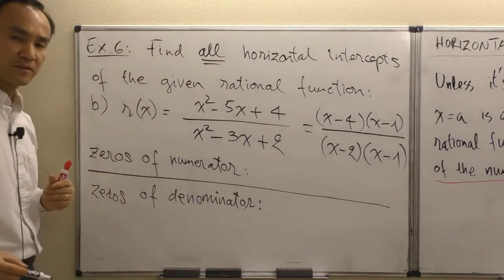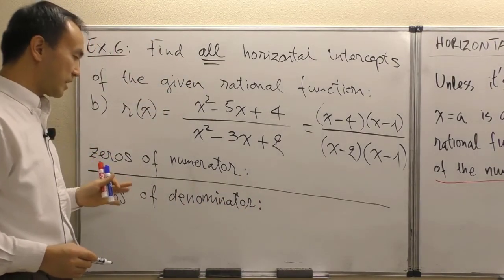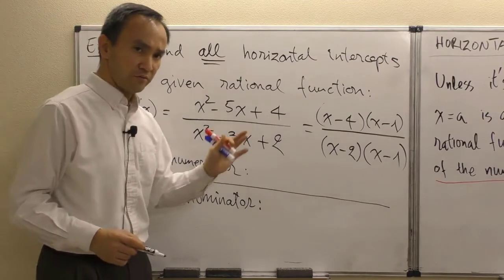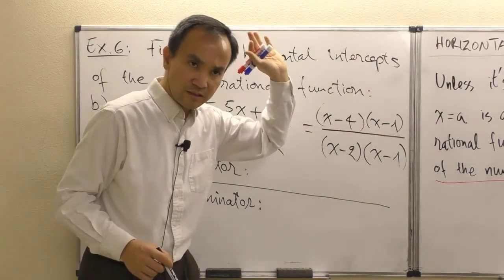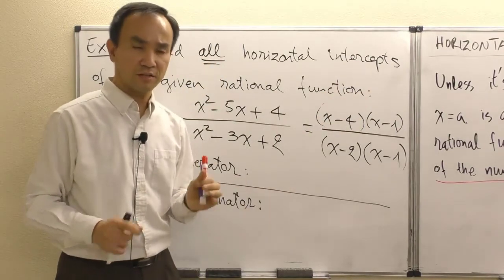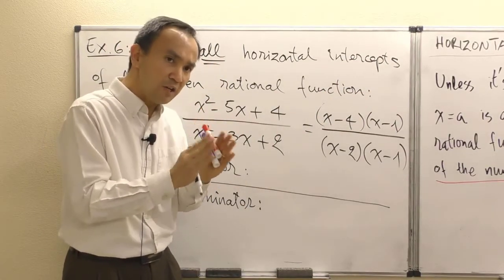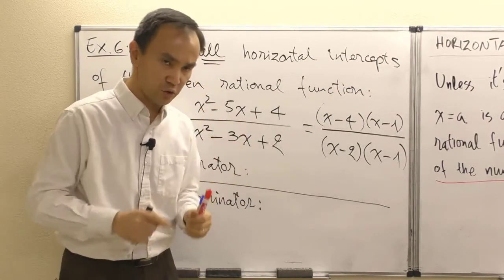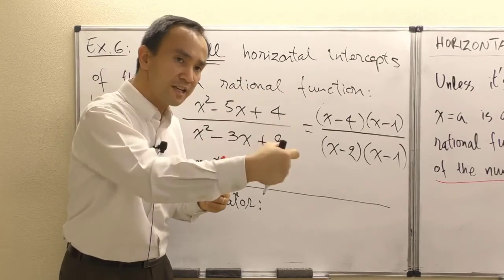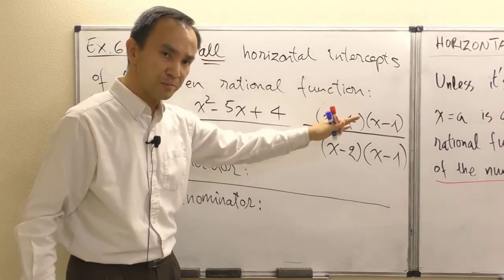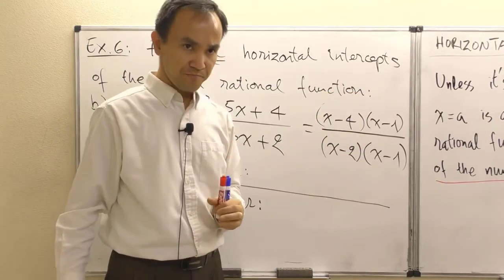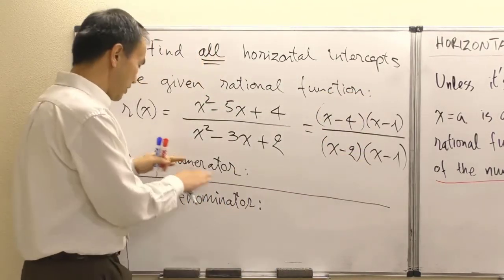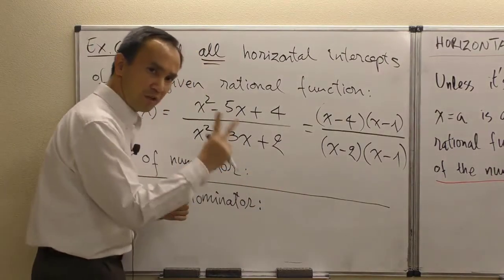Recall that the multiplicity of any of these zeros does not matter, because when we list zeros, we only list the distinct zeros corresponding to the distinct linear factors which appeared in our numerator and in our denominator.